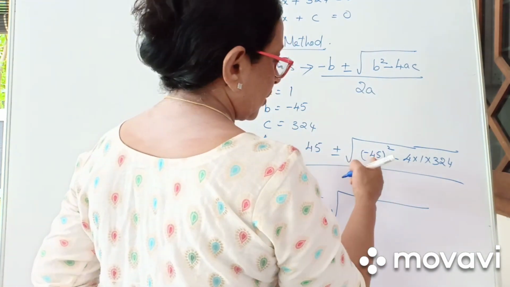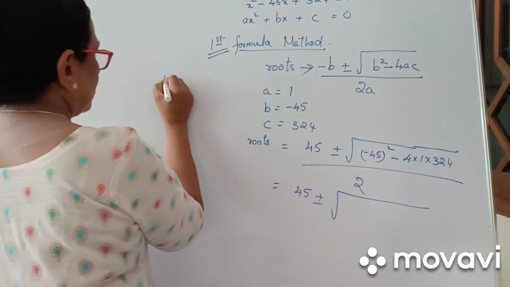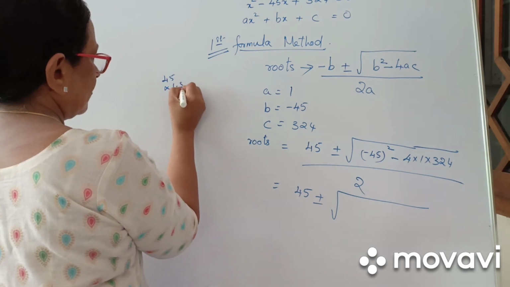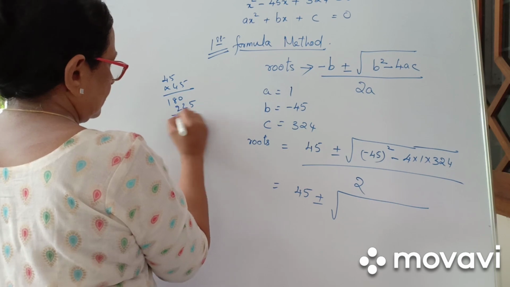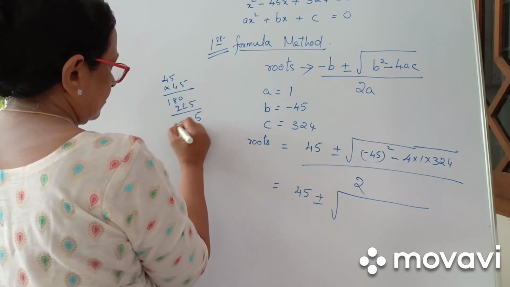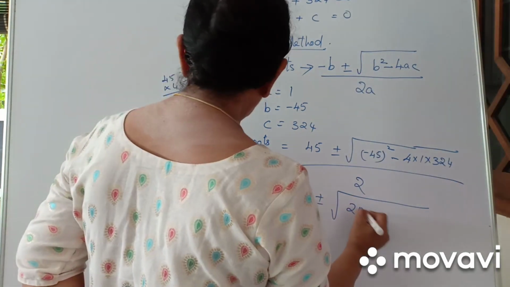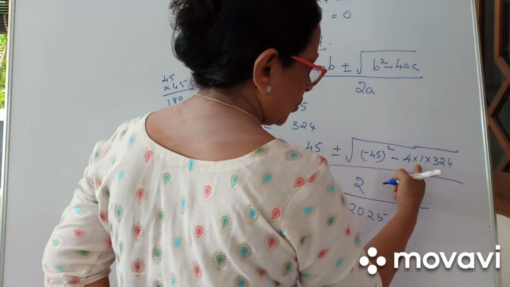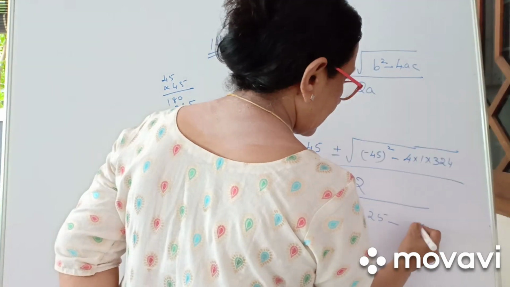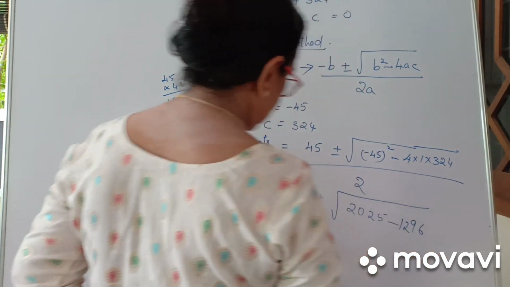Which is equal to 45 plus or minus root of, what is 45 into 45? Find out. 45 into 45. Okay, it is 2025 minus 324 into 1 into 4, which is 1296.